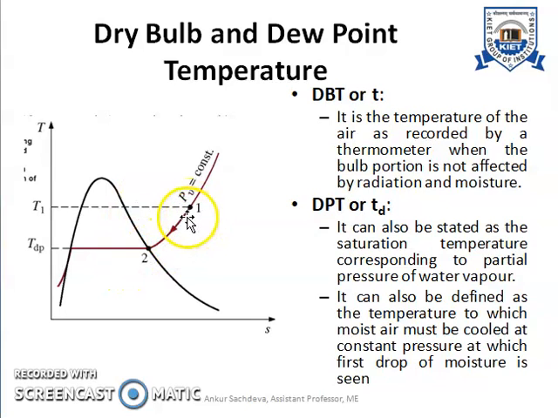So if you cool the outside moist air at constant pressure, you know that the nature of the constant pressure line on a TS diagram varies.